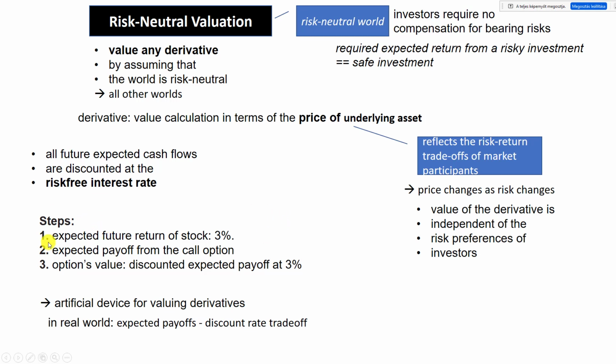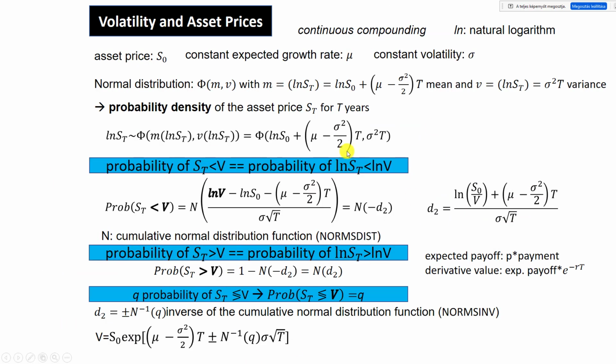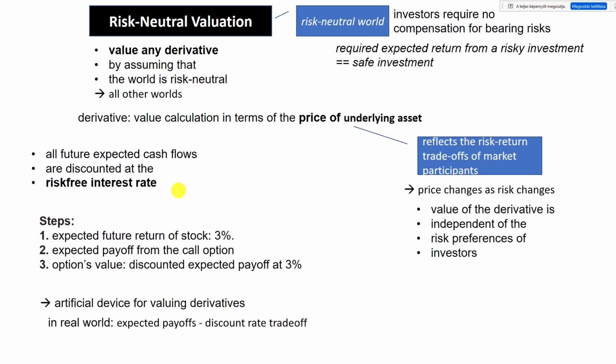Okay, so practically if you have to remember something from this slide, then these are the steps: the future return and all these things, practically the bottom of this slide with the blue parts. Then we have to calculate the expected payoff, then we have the discounted value, and then we are happy in most cases, or still we have to deal with or connect it to the real world.